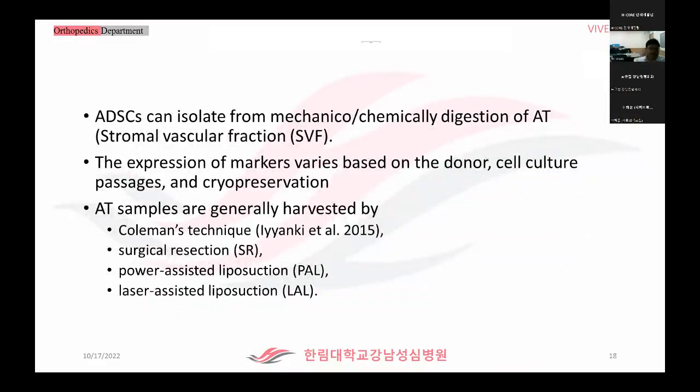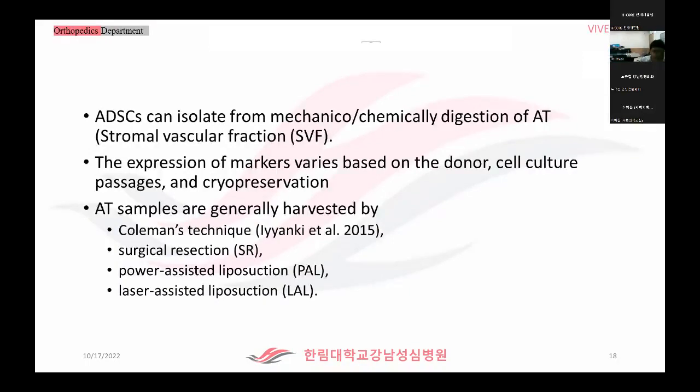Isolation of adipose-derived stem cells is possible through mechanico-chemical digestion of the adipose tissue, and finally we will have the stromal vascular fraction. The expression of the markers varies based on the donor, cell culture, passage, and cryopreservation duration and methodology.